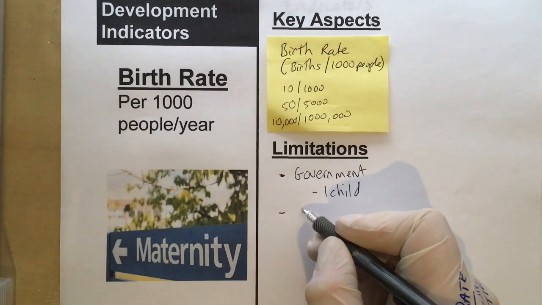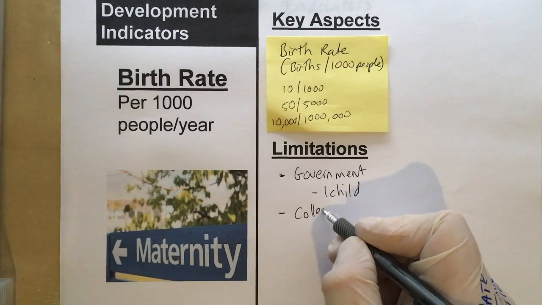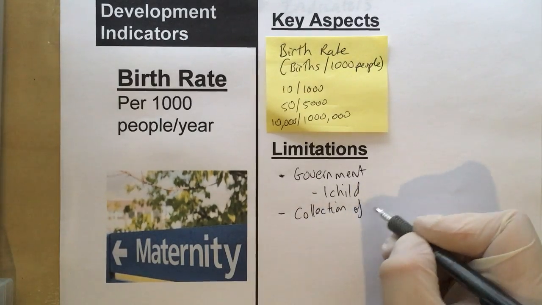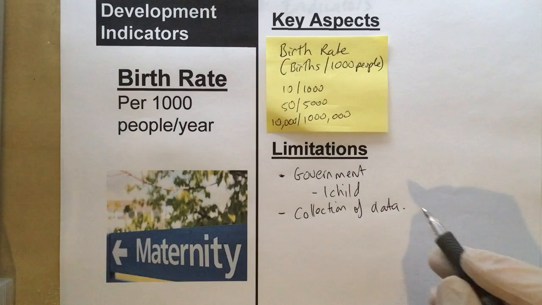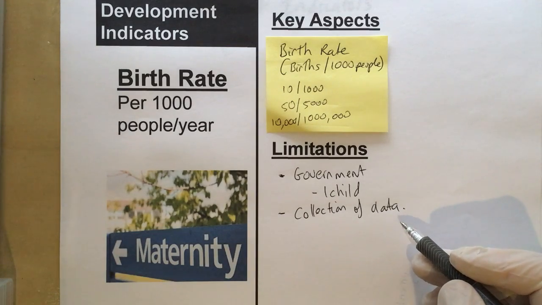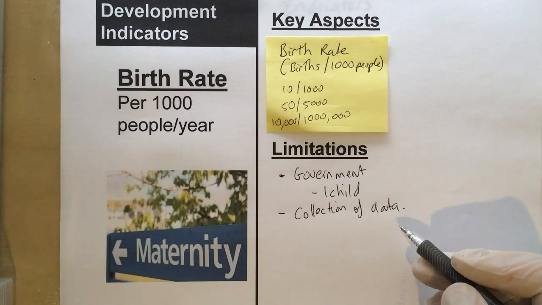Here's another problem: the collection of data. In the United Kingdom, we have excellent records. All births are registered in the hospital. People receive birth certificates to be able to get access to the social security and various aspects of their day-to-day life.